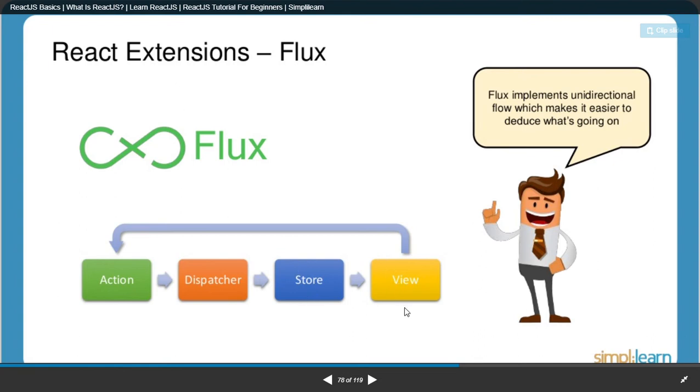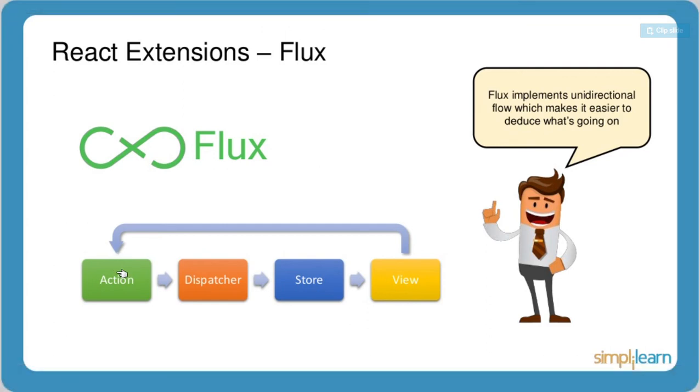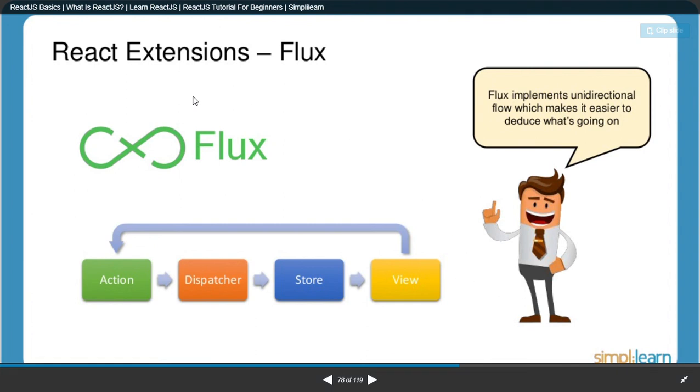As we discussed in the previous flow, an action is triggered, and that action saves the value in the store. If the current value in the store has been updated, it automatically tells the view that some value has been changed, and it re-renders that particular object or component. This is the unidirectional flow, which is nothing but Flux.